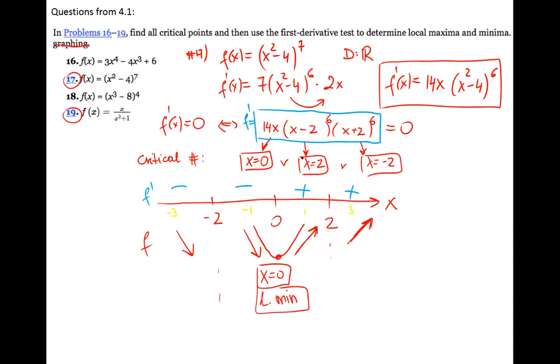And you can see -2 and +2 came from that even multiplicity, like the even power. Always when the factor is taken to the power of an even number, we're getting that 0, we're getting that critical number, but the derivative of that function will not change sign. It will be either negative on both sides or positive on both sides. That means even looking at this, I could tell right away that at 2, at -2, no local extreme values because of that 6.